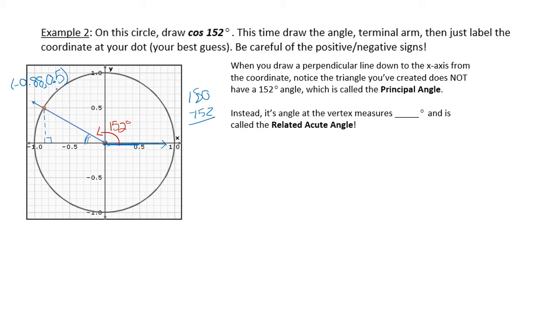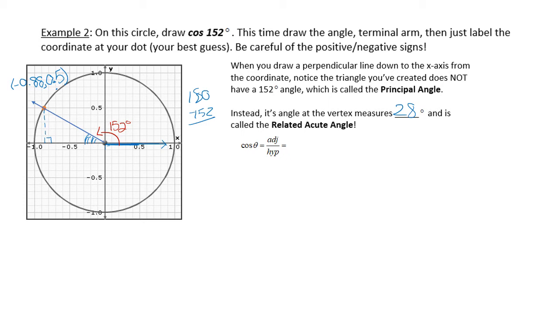Because if we rotated all the way to the other side of the x-axis, we would have gone 180 degrees, but we didn't go fully 180 degrees. We're 152 short of that. So the difference for that is 28 degrees. So 28 degrees is our related acute angle.